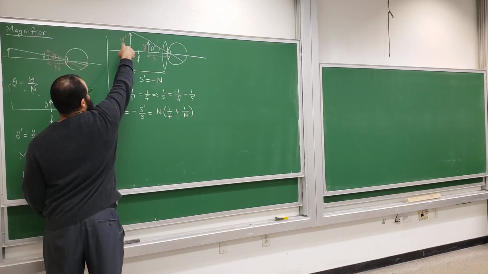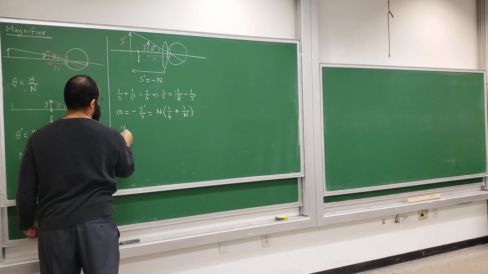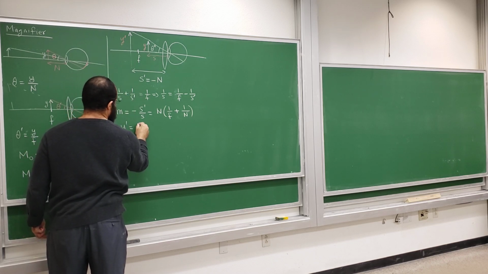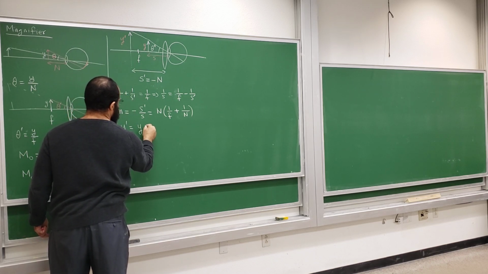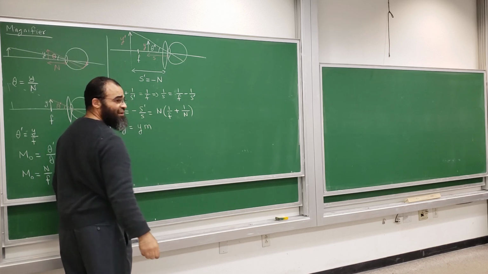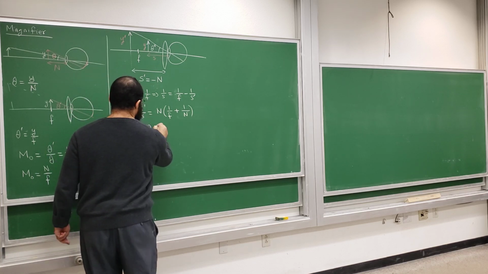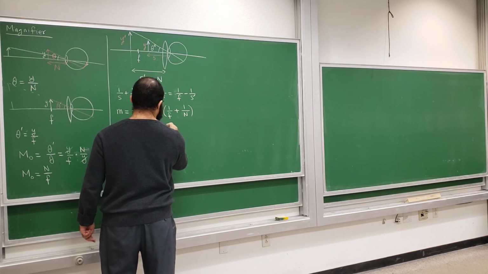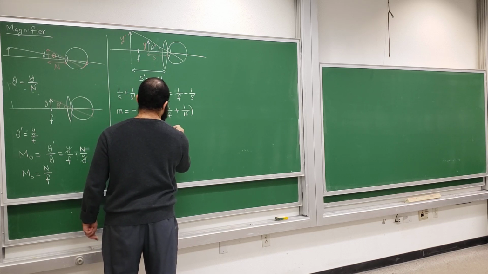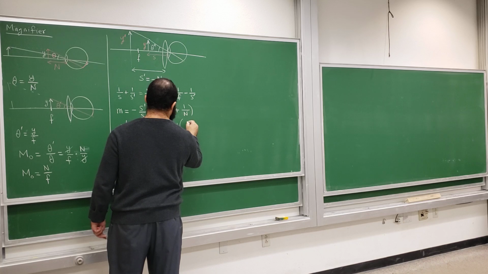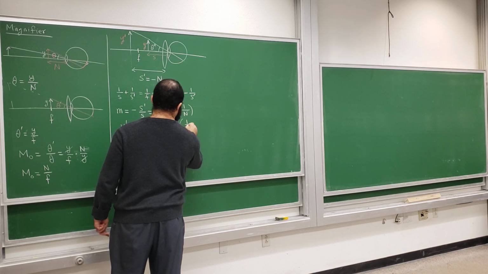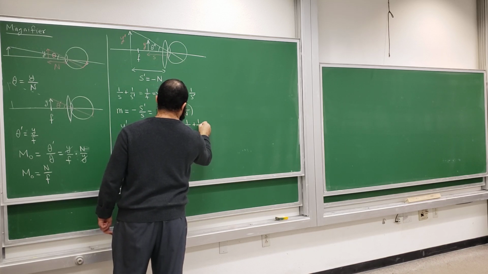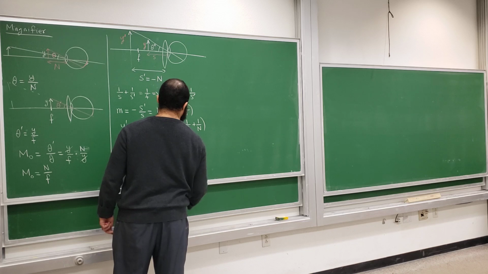Then what's the height of that object, y prime? Y prime would just be y times m. The magnification is n times 1 over f plus 1 over n.